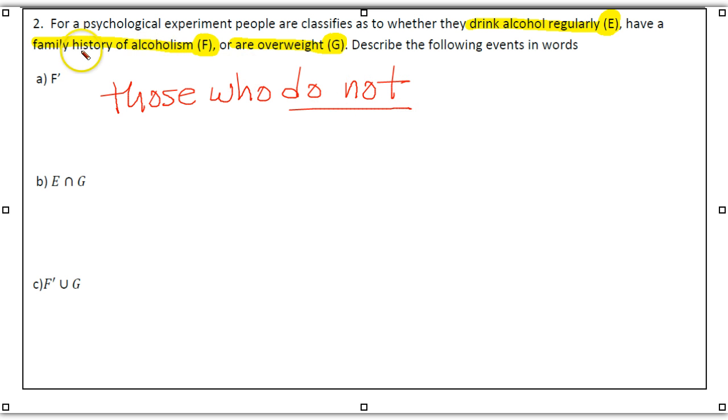And the key is, if these do, then the complement of F would be those who do not have a family history of alcoholism.